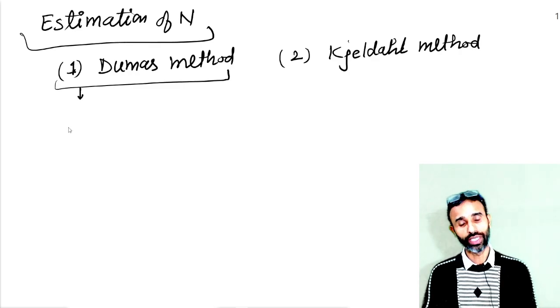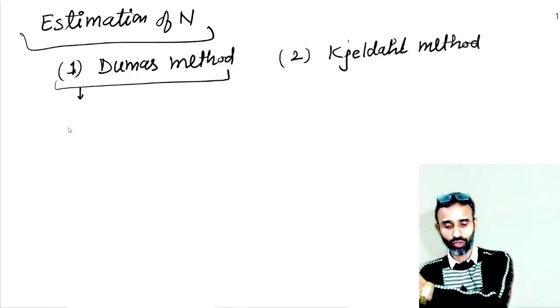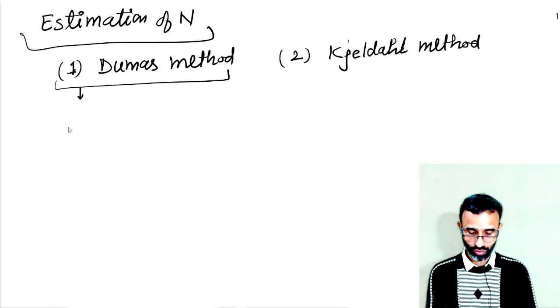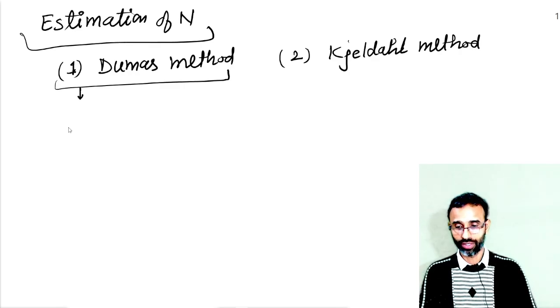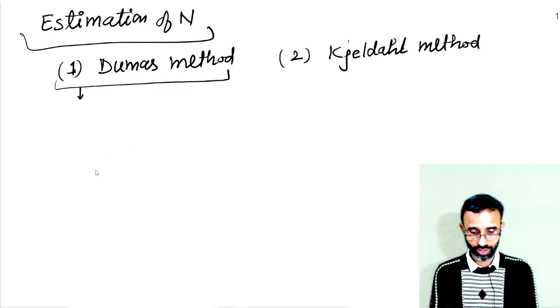again we heat the mixture with cupric oxide. Different forms of cupric oxide are used, like cupric oxide gauze, coarse cupric oxide, even reduced copper gauze, all of them are used.